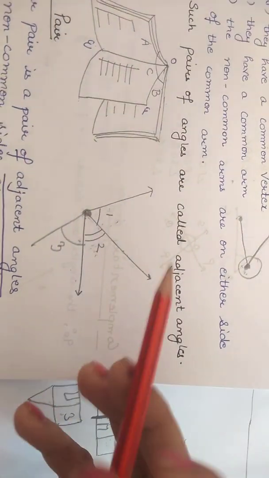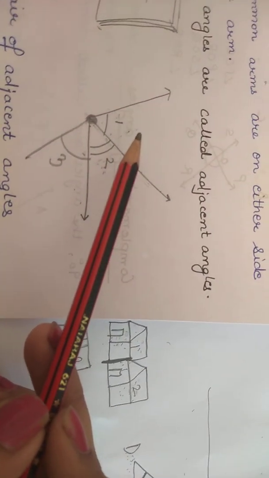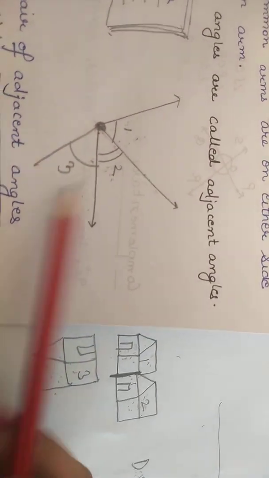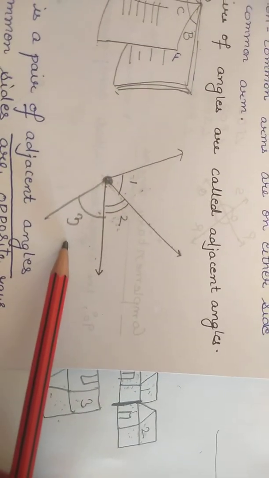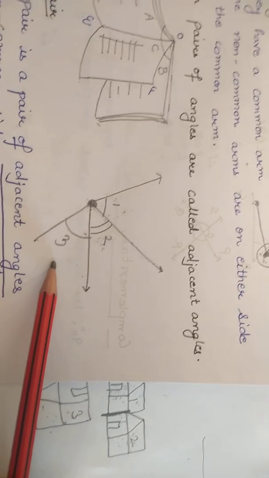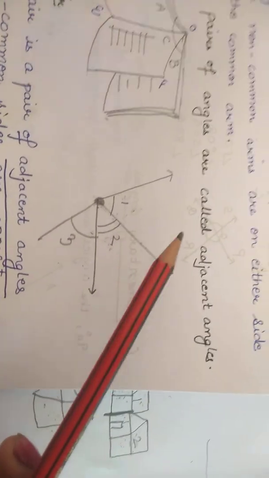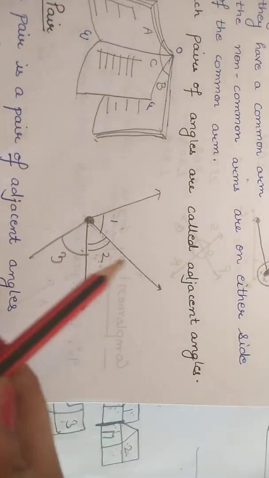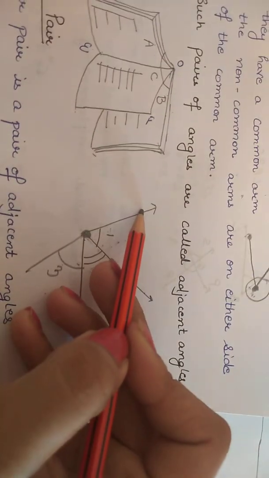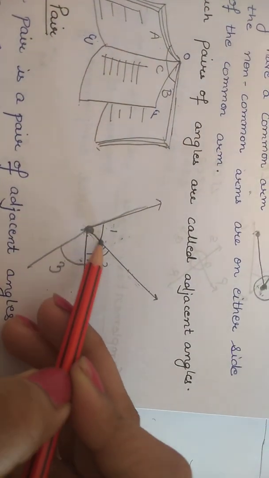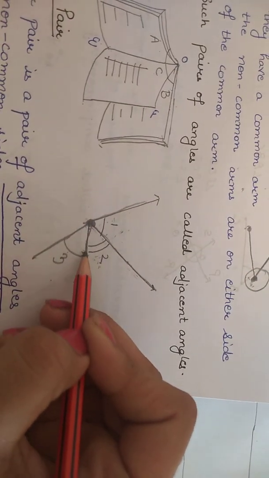Okay, now bache, can you tell me whether angle 1 and angle 3 are adjacent angles or not? Angle 1 and angle 3. Now you know that for adjacent angles, they must have a common arm and a common vertex. See, angle 1 is this and angle 3 is this.